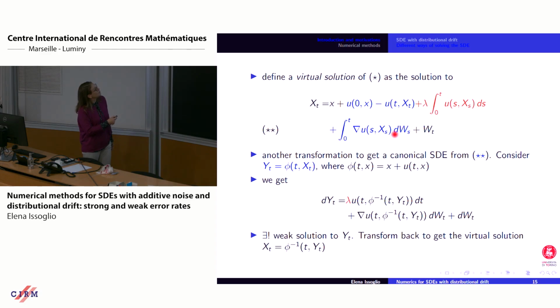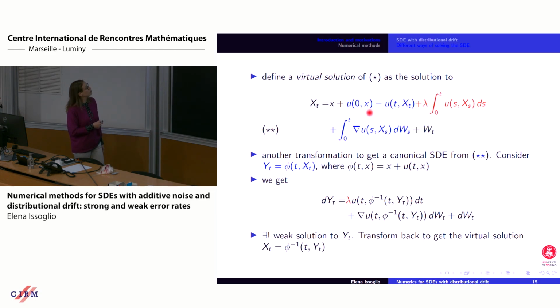And now here, the good thing is that B is gone. There is no distributional drift. And U is actually C1, so the gradient of U exists, and the gradient is alpha-Hölder continuous for some alpha. So this looks like something we can treat, but it is still not written as an SDE because this term here is neither a drift nor a diffusion.